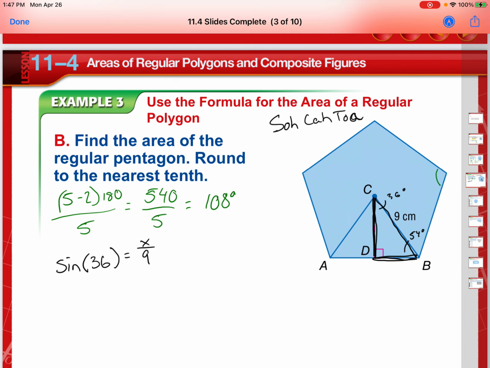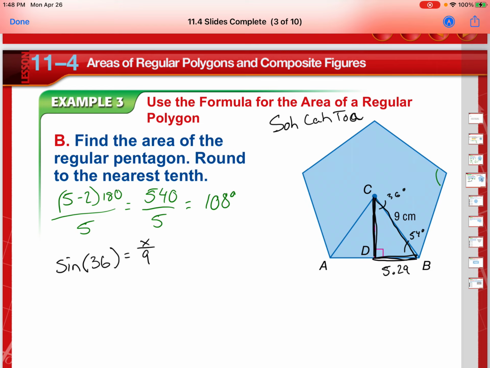Now to solve that, I would say 9 sine 36. And I could say that DB is going to be about 5.29. We're just going to round just for happiness' sake.